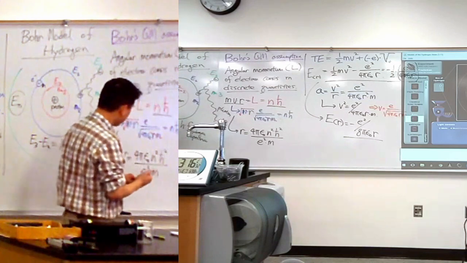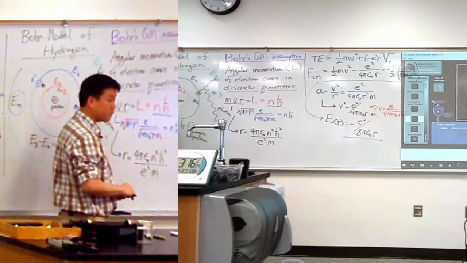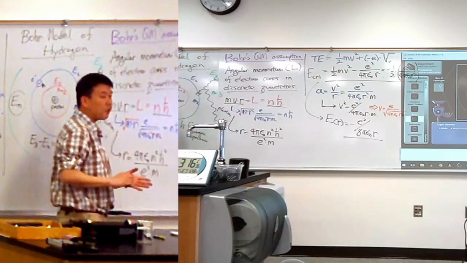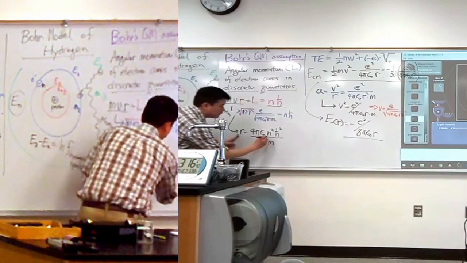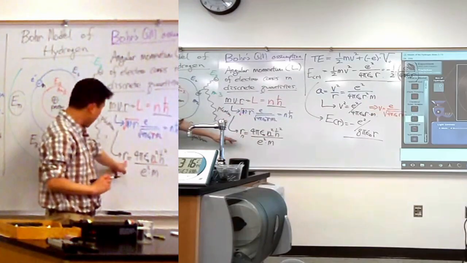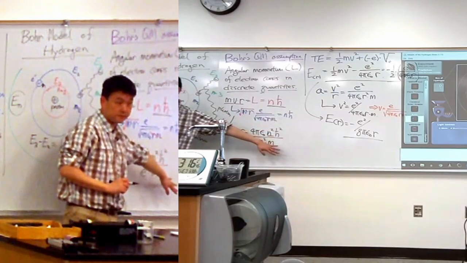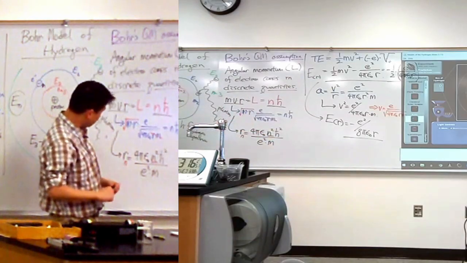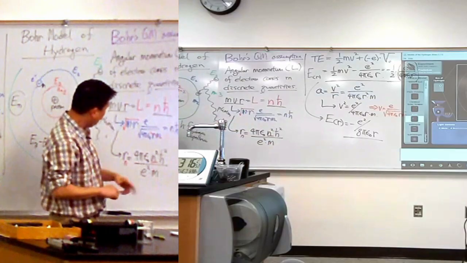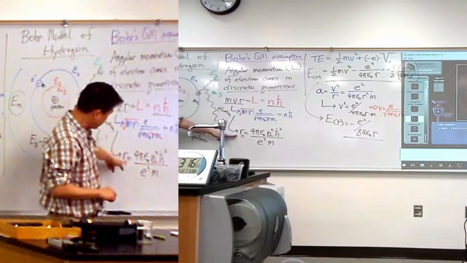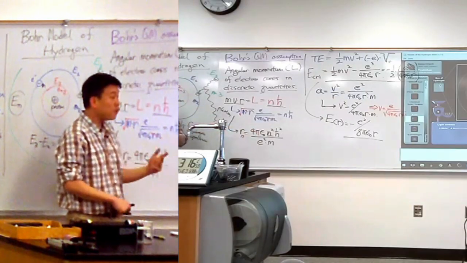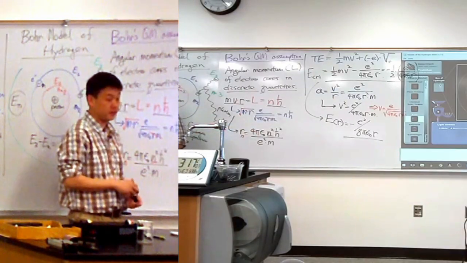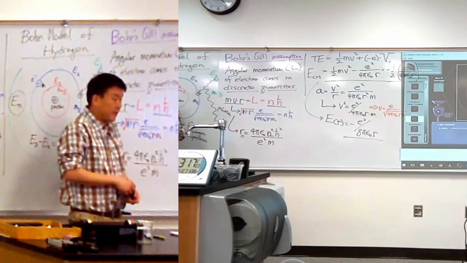We are saying, all right, this expression for r is my quantized orbital radius. This r is a function of n. Everything else here is a constant. So what we are saying is that only the radii where n is equal to 1, 2, 3, 4 are the only allowed radii for the electron.